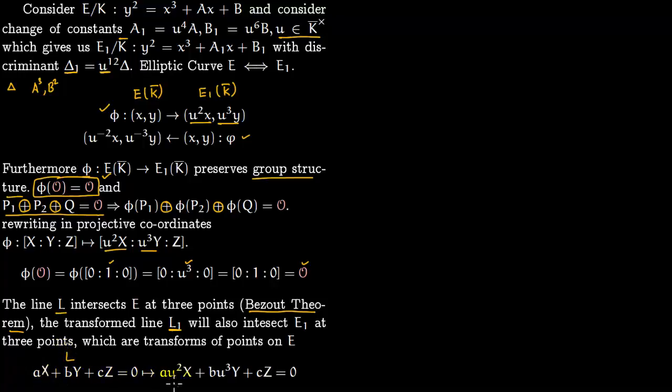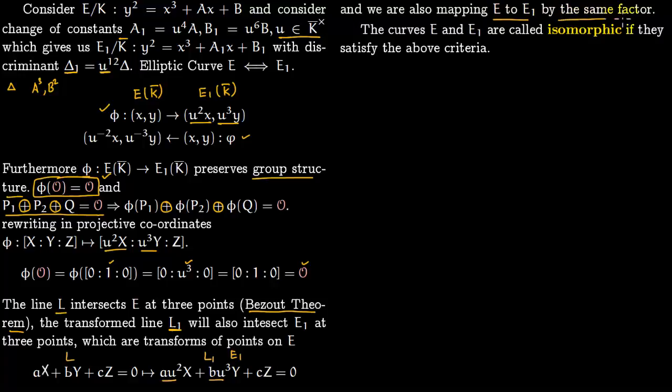This line L will get transformed to this line, say L1. Again, instead of x we are writing u^2 x, instead of y we are writing u^3 y. So this is again a line because these are constants. So this line will intersect E1 again in 3 points, but the 3 points it intersects E1 at will be just the images of our original 3 points P1, P2 and Q. That is because we are mapping E to E1 by the same factor.